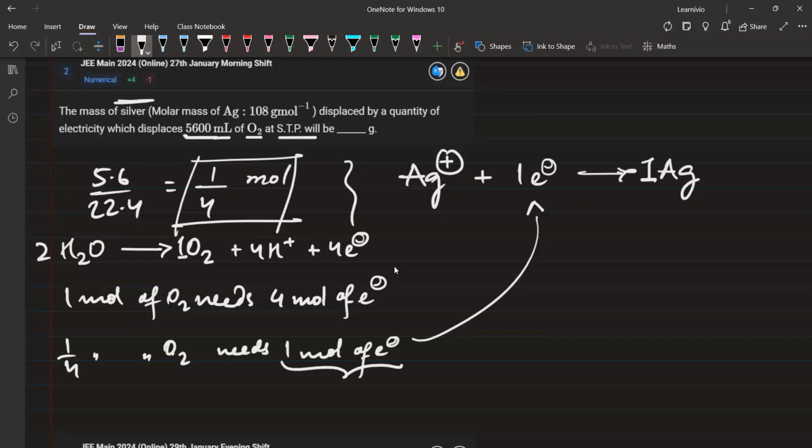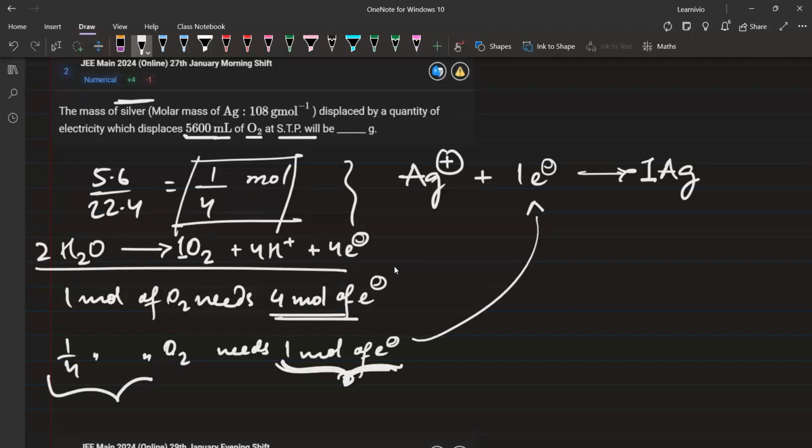Okay. Now, the amount of electricity required to get 1 mole of O2 according to this reaction is 4 moles of electron. And if we want only 1 by 4 moles of O2, then we will need only 1 mole of electron. That means this many moles of electrons was given by the electricity which is displacing 5.6 liters of O2.